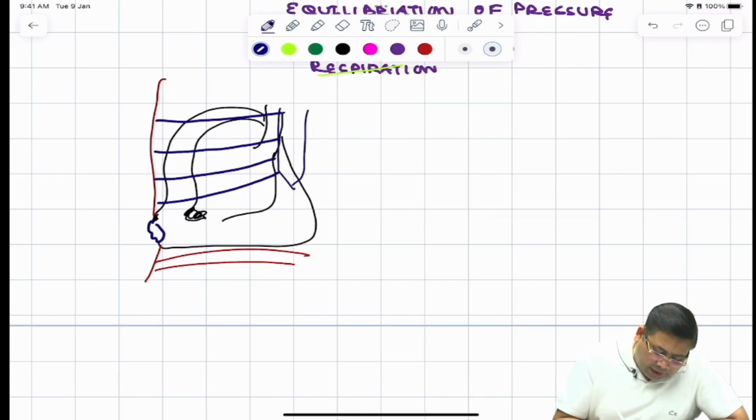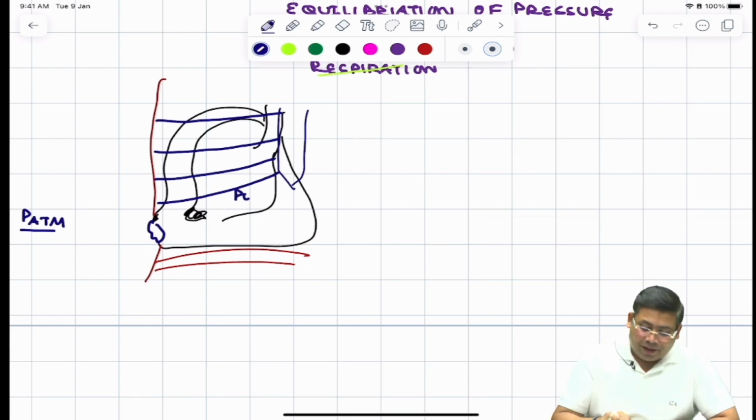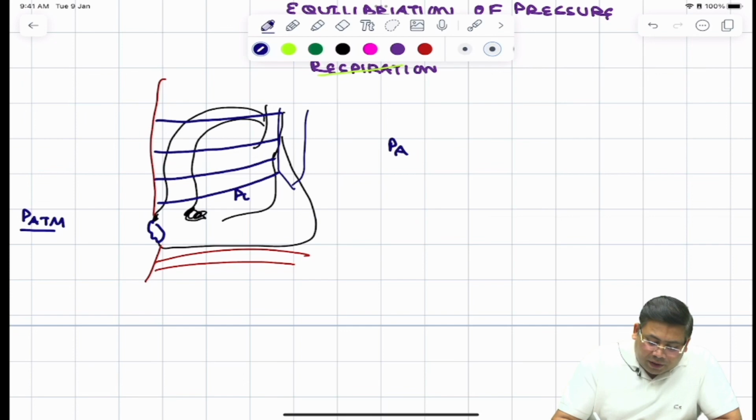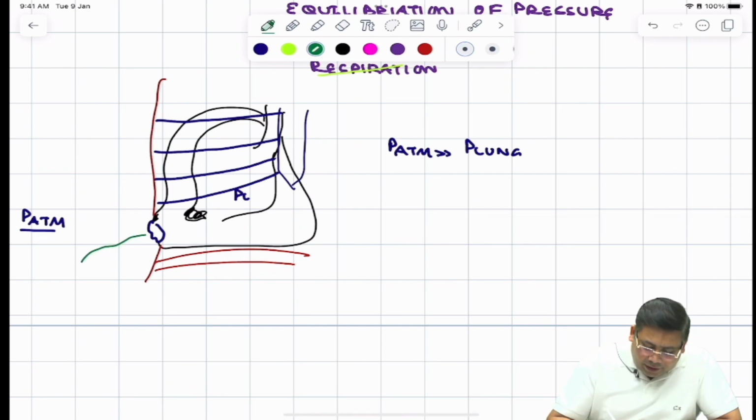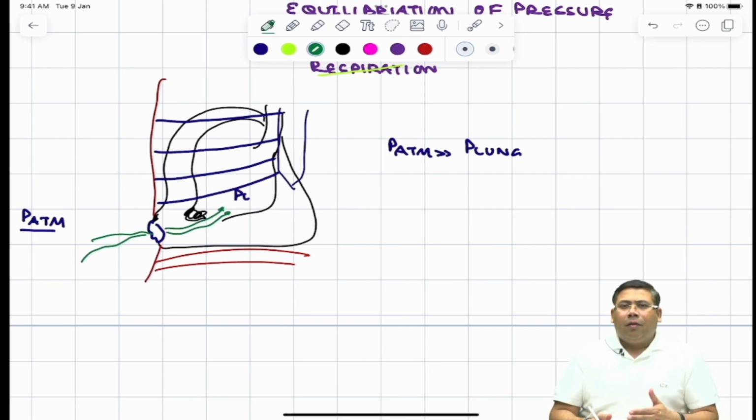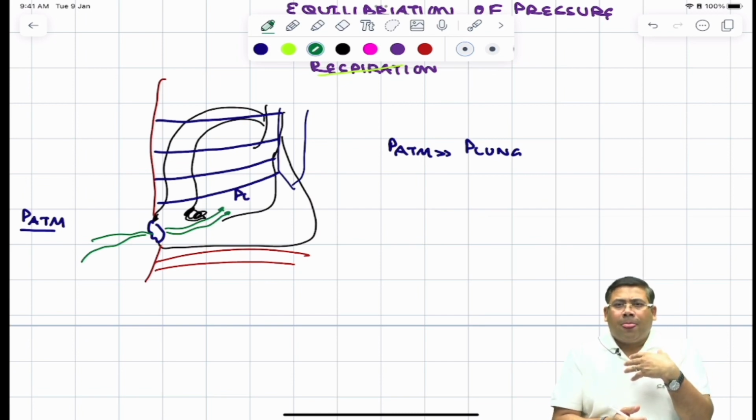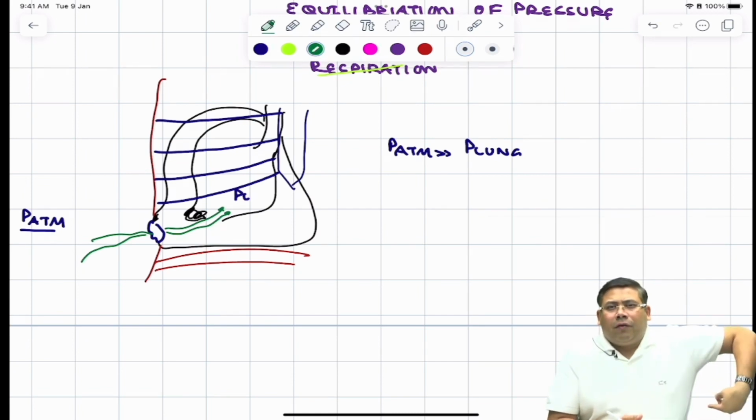The problem is that the P atmosphere, which is outside, and P lung inside, are not the same. So P atmosphere outside is more than the P lung, and thus the air will enter inside the lung, and you will say, sir, it is good, it was destined. But this is not by the normal way, rather via the injured side of the lung basically.